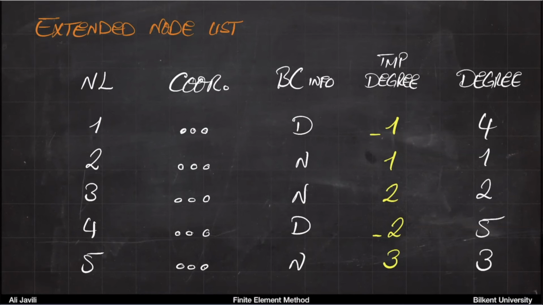Okay, and as I said here, the trick is again this little algorithm. Basically, you would just check. I mean, if your temporary degree is positive, then degree is the same as temporary degree.